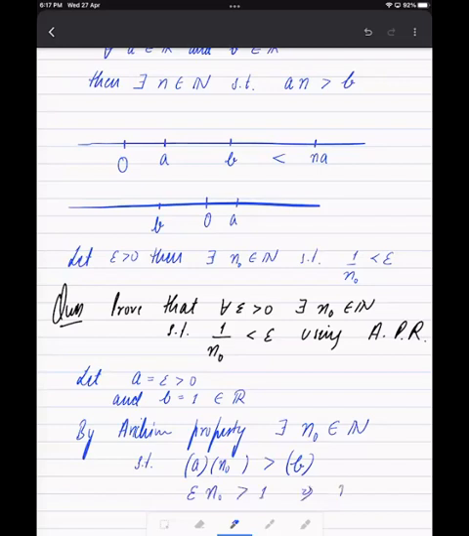It implies epsilon is greater than 1 by n naught, which implies 1 by n naught is less than epsilon.